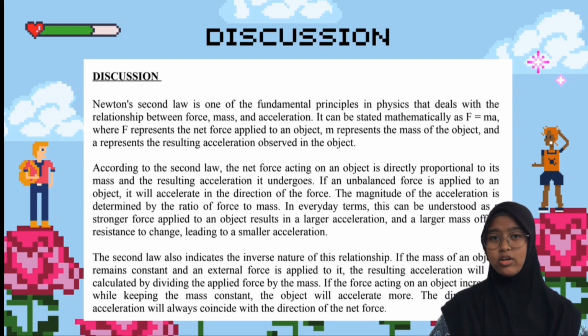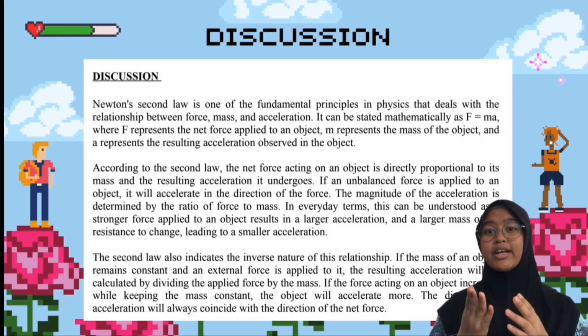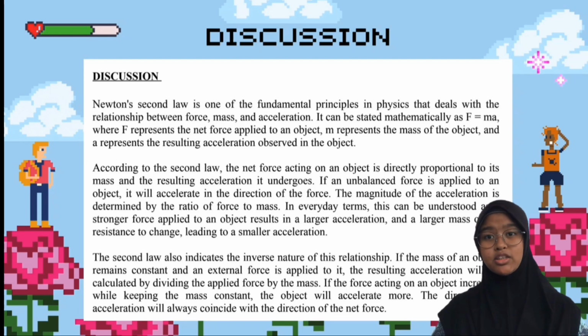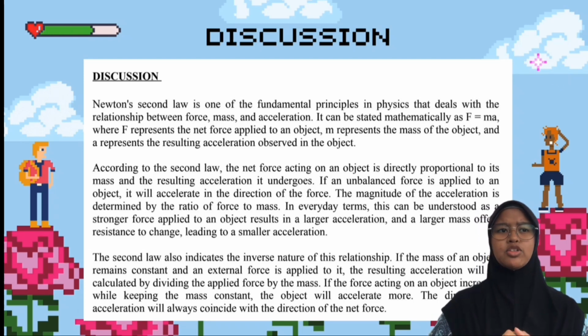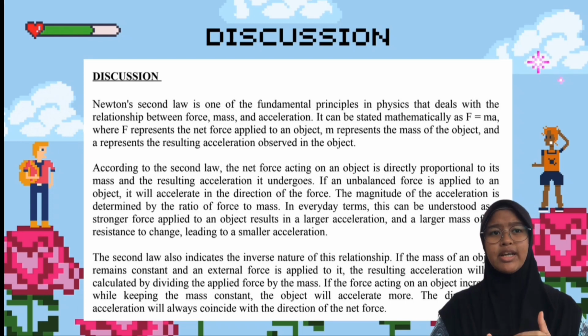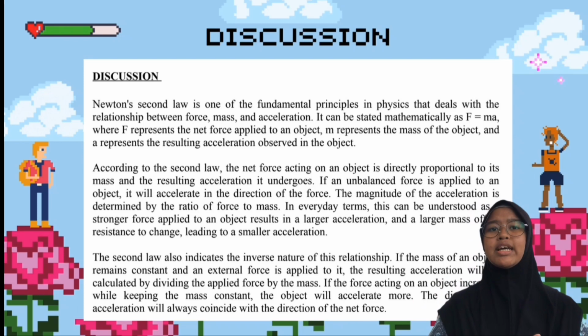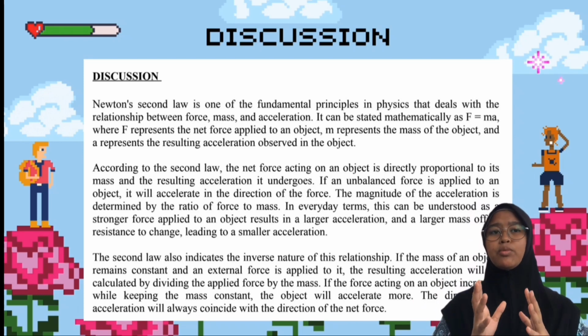According to the second law, the net force acting on an object is directly proportional to its mass and resulting acceleration. If an unbalanced force is applied to an object, it will accelerate in the direction of the force. The magnitude of the acceleration is determined by the ratio of the force to mass.